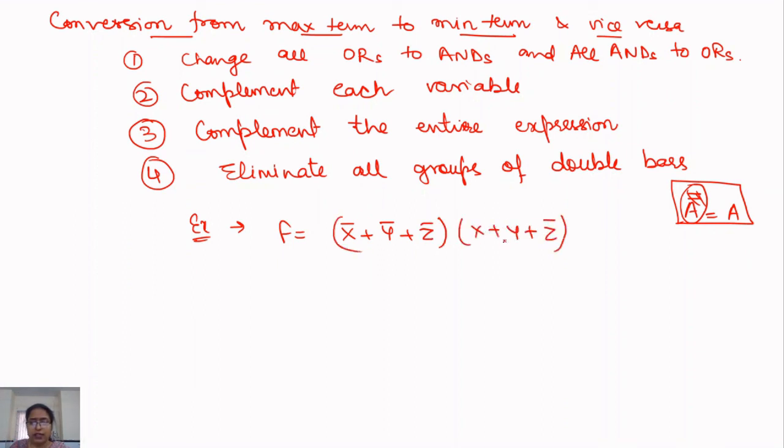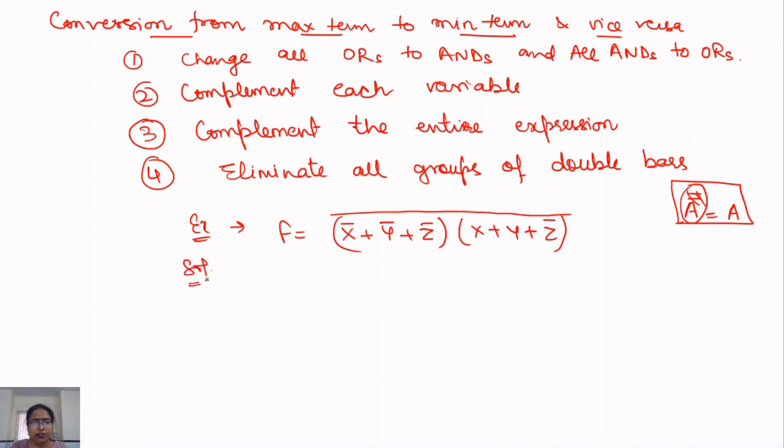So these max terms are given to you, and what form is it? This is product of sum, right? And the whole bar is given to you. So this Boolean expression is given to you. You have to convert this expression to min term.